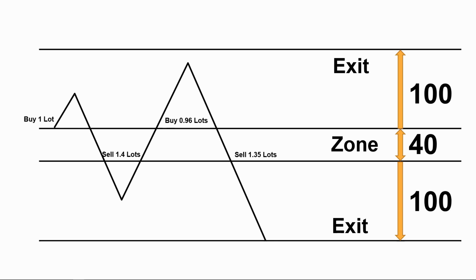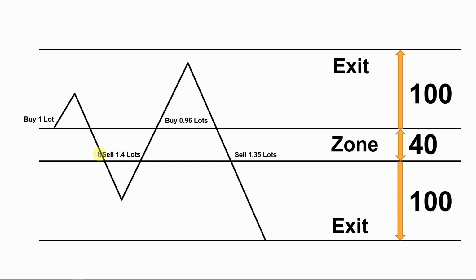I'm going to be using my standard examples here where I've said that my zone size is 40. I'm not saying what that is, but you could call it 40 pips. And that I'm aiming for an initial profit of 100 pips. And if I don't achieve that and cross the zone, I'm still going to exit at 100 pips below the zone. So if my initial trade reaches its profit target, and the example here is a buy, then I would make a 100 pip profit.